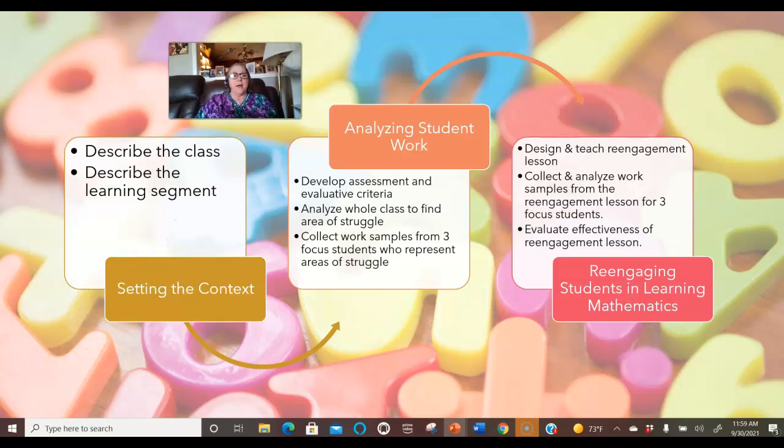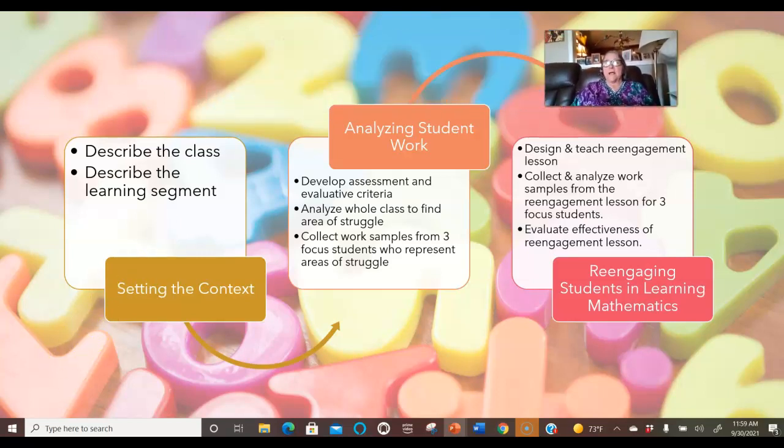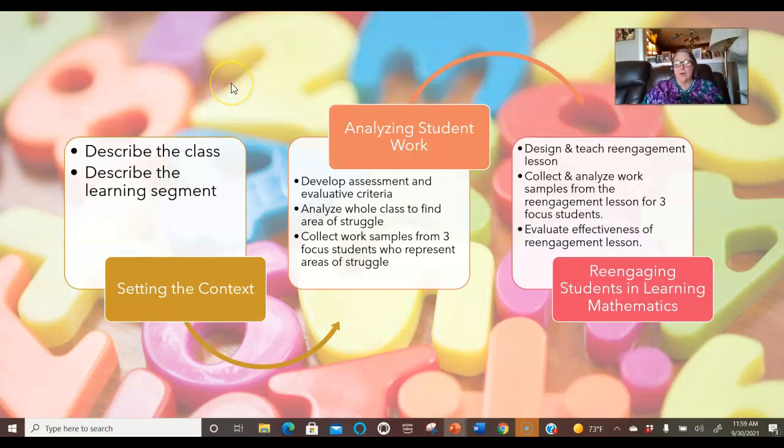So far in my series on Task 4, we have talked about setting the context, which would be describing the class and your learning segment, and those would be your artifacts, Part A and Part B. And then you have analyzed student work on that original learning segment that you taught.